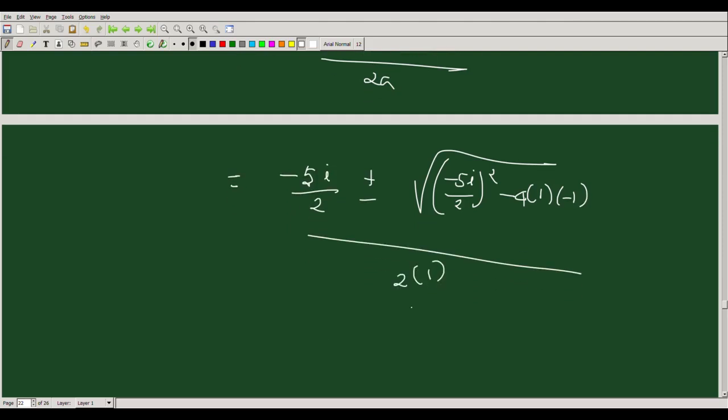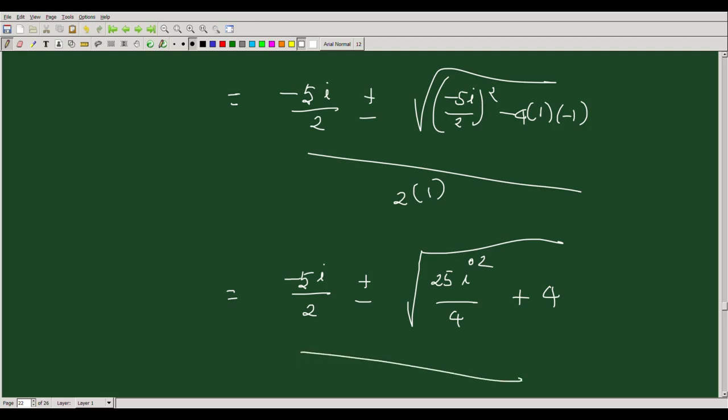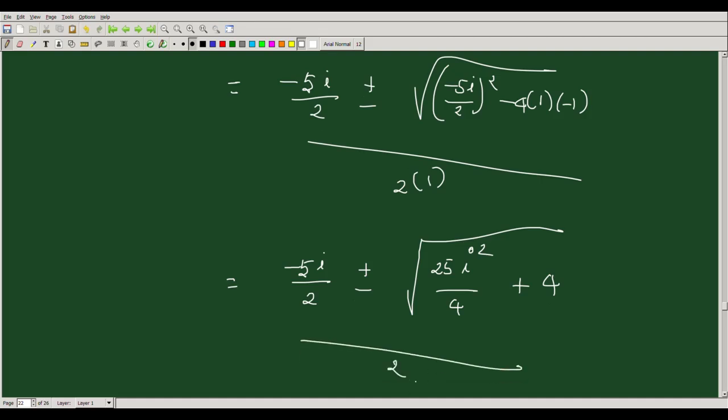Simplifying this, 2 into 1, we get minus 5i by 2 plus or minus square root of 5 square, so it is 25. Negative square is positive, and i square by 2 square is 4, and minus into minus is plus, so plus 4, by 2.